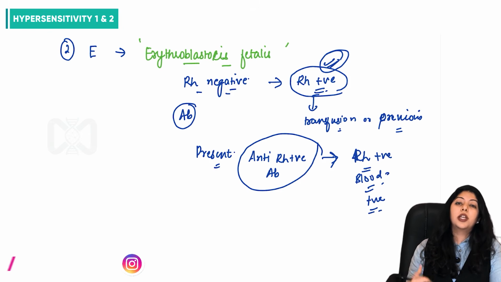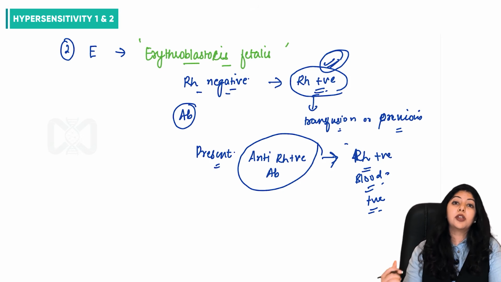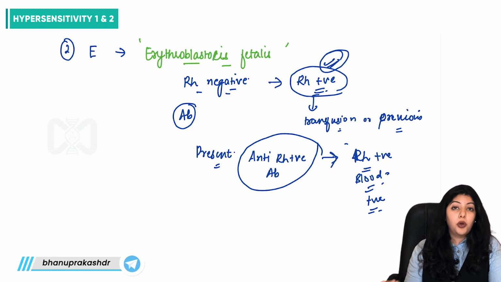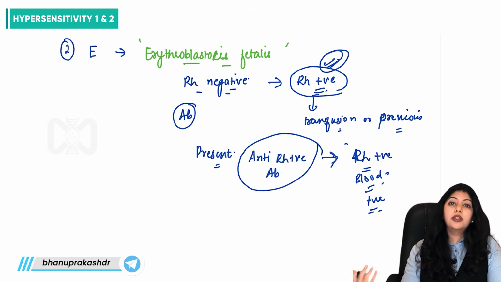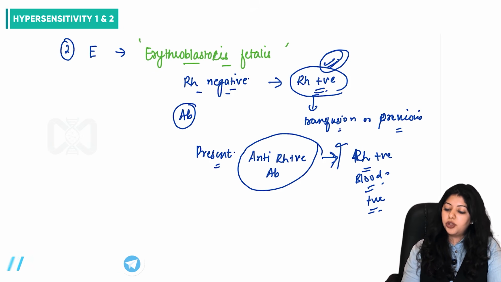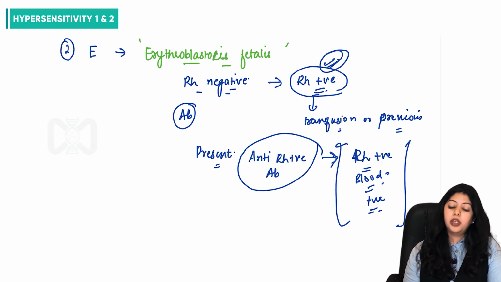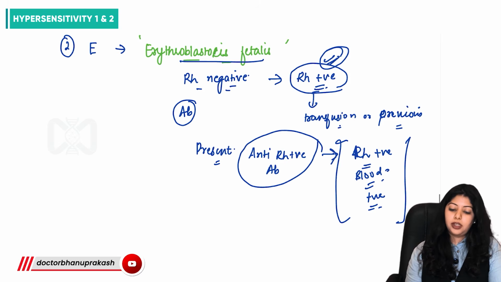So now the hazardous consequence occurs in this particular pregnancy because the mother has gotten the anti-Rh antibodies from the previous infection or previous blood transfusion or previous pregnancy, right? So this occurs in erythroblastosis fetalis.